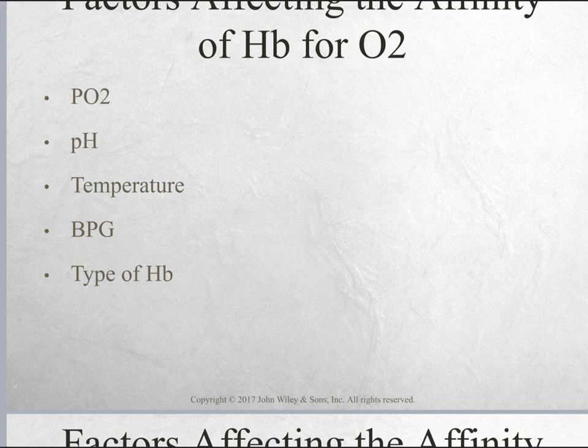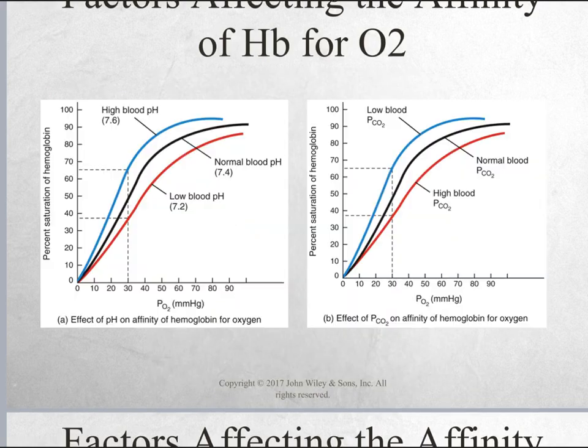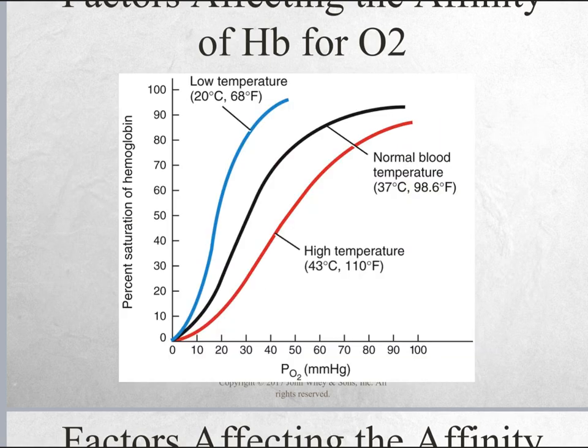So we're going to shift a little bit. We're going to talk about the factors that affect the affinity of hemoglobin for oxygen. And we're going to take the next 5 slides and merge them into one tutorial that will tie this all together and look at all the factors that affect the affinity.